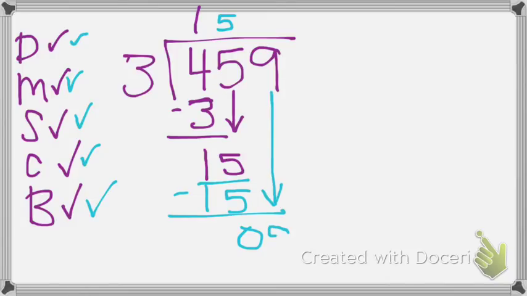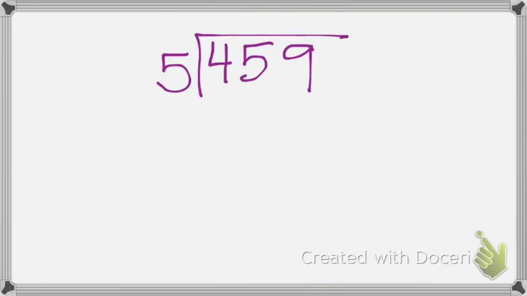Now I'm going to bring down my 9. And I'll do the same thing. I have to start over yet again. So I'll do 3 goes into 9 3 times. 3 times 3 is 9. And I end with 0. I always want to end with either a 0 or a number less than the number that I'm dividing with. That is the only way to officially be done with a long division problem.